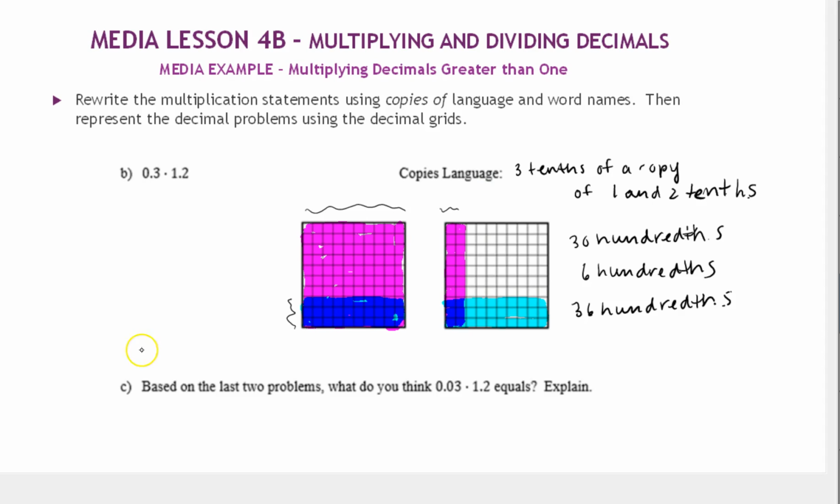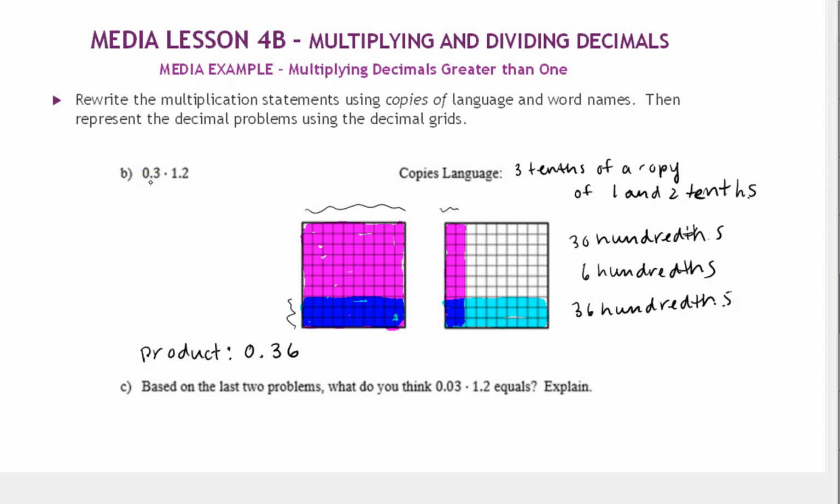Okay, so our product is going to be 0.36, 36 hundredths. Okay, so here, notice if we ignore the decimals, 3 times 12 is 36, so we're going to have 36 of something, okay?